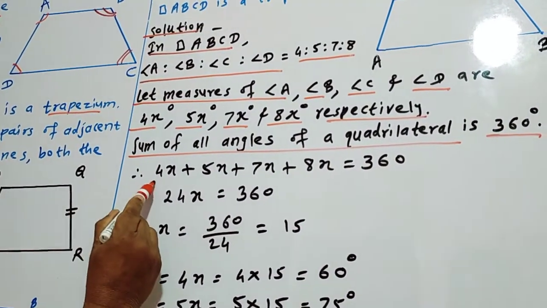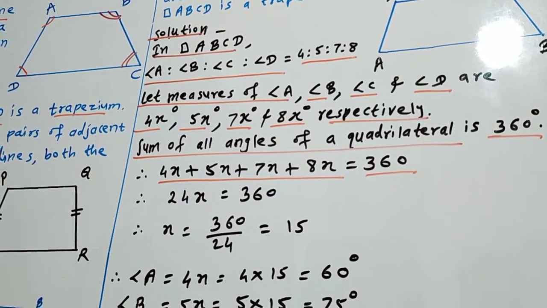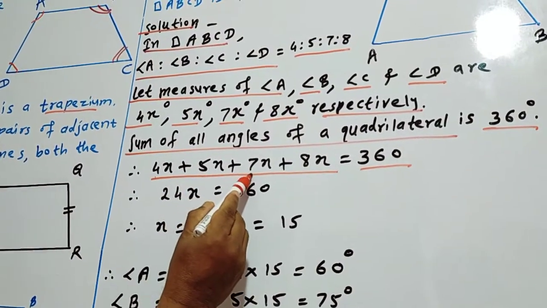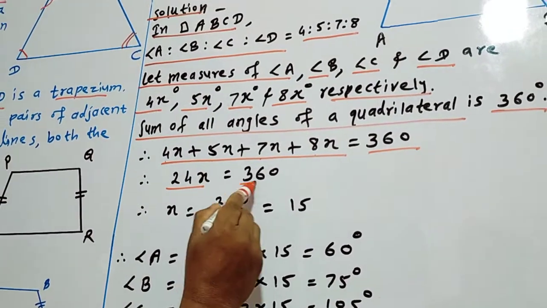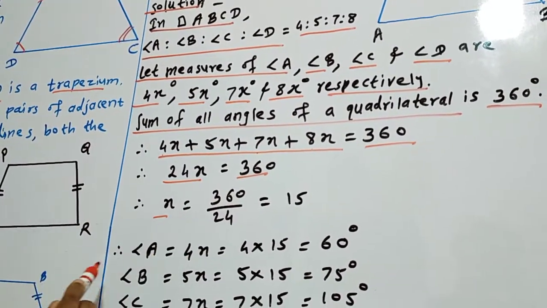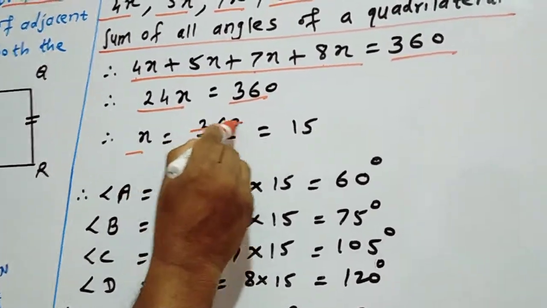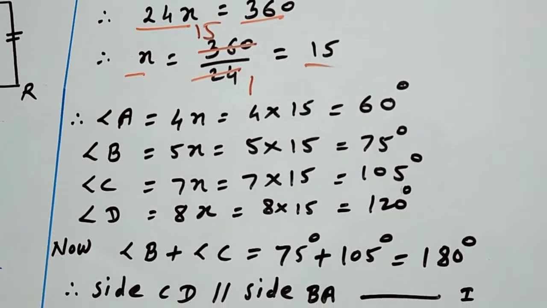Therefore, 4x + 5x + 7x + 8x = 360. Now 4 plus 5 is 9, 9 plus 7 is 16, 16 plus 8 is 24, so 24x = 360. Therefore, x = 360 upon 24. 24 ones are 24, 15 times is 360. Therefore, x = 15.